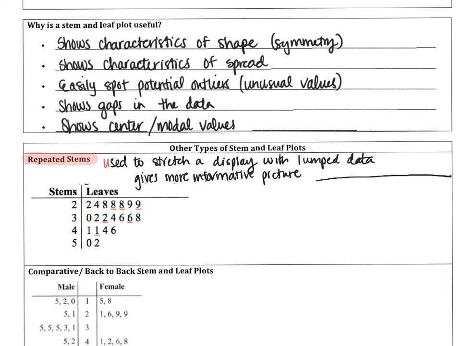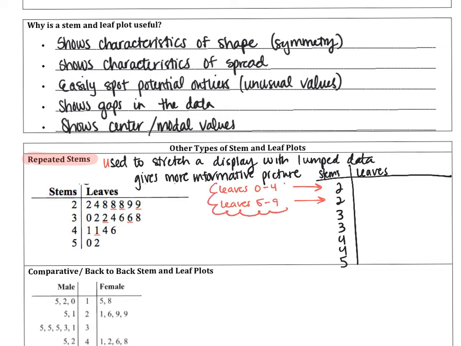Okay, so let's check out how we do this. We've got our stems and our leaves, and this time we're going to have 2 of every one. We won't need another 5, so I'm just not going to do it because I'm running out of room. On the first stem, we have leaves numbered 0 through 4, and on the second stem, we have leaves numbered 5 through 9.